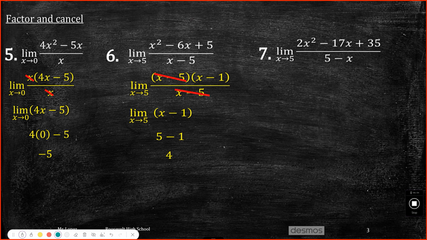Okay. Let's go to number 7. A little more involved here. You notice that the bottom of this problem number 7 of the fraction is backwards. So we usually have x minus 5, like that would be a factor. But this one has 5 minus x. So how do you fix this 5 minus x?